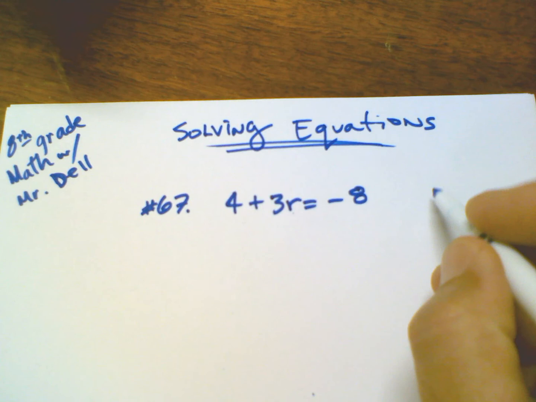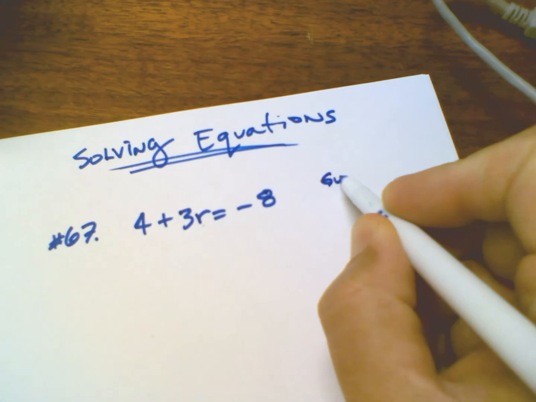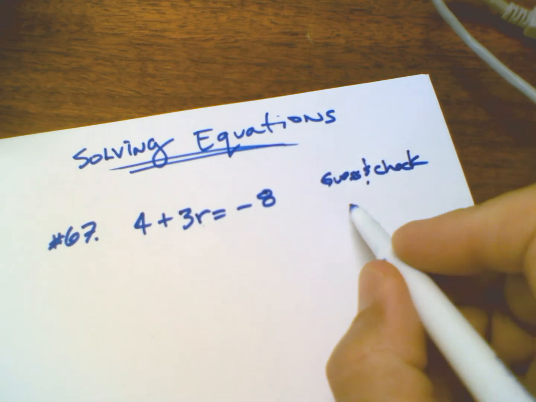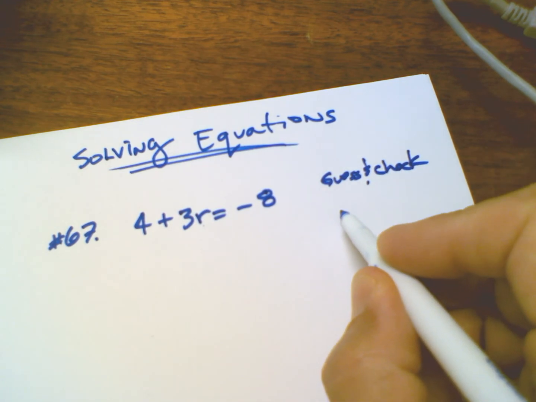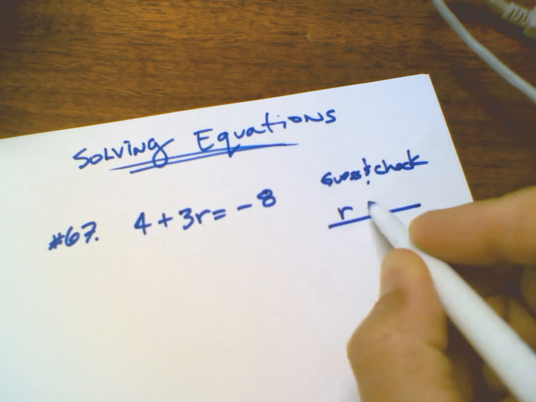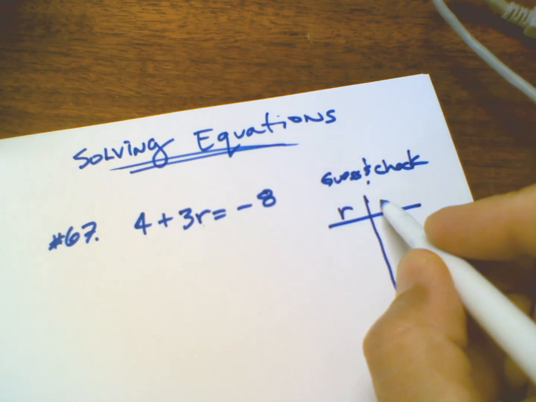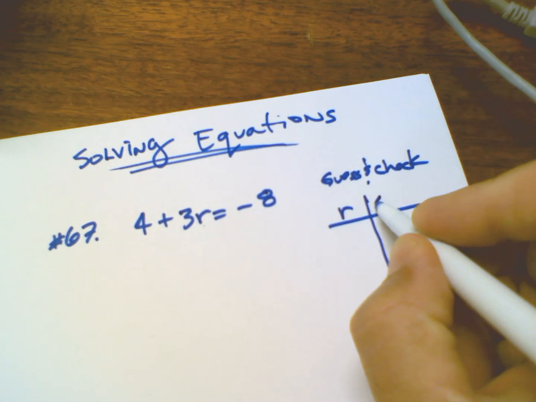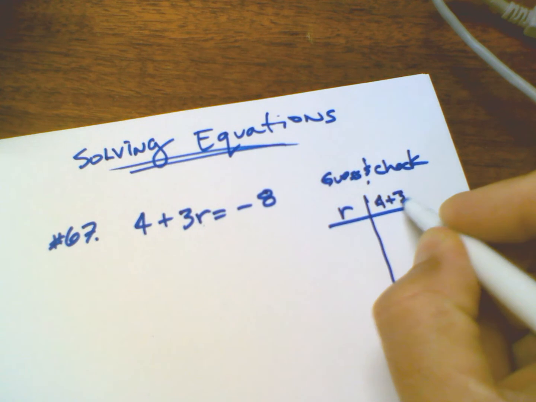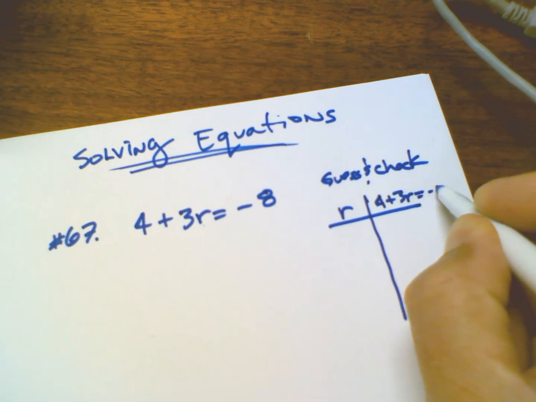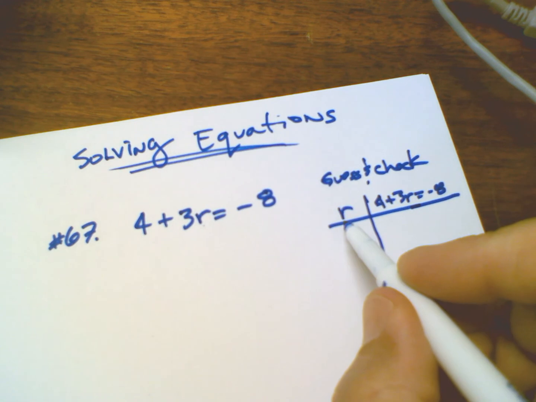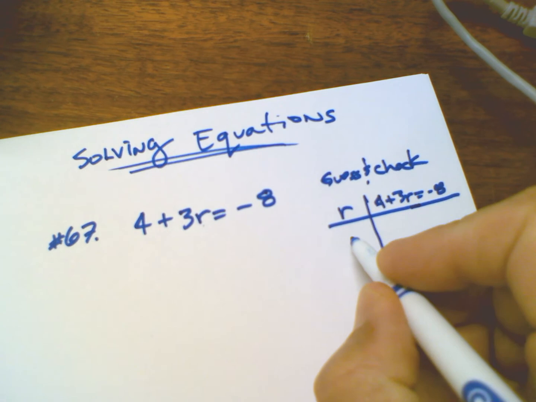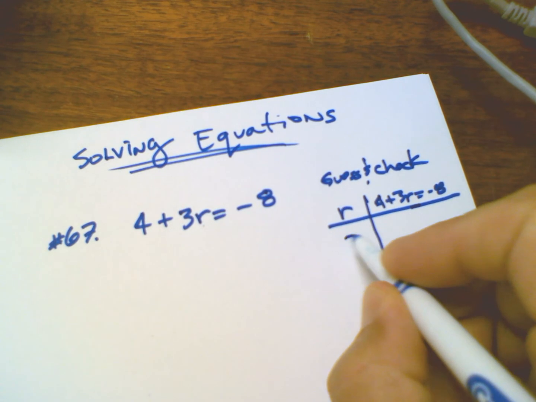In guess and check, you guess a number for R, and then work it out to see what you get. So for the equation 4 plus 3r equals negative 8, I'm going to put in an r value and see if it comes to be a true statement. For example, I think r is 2.